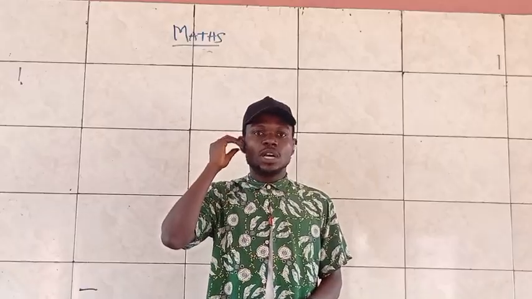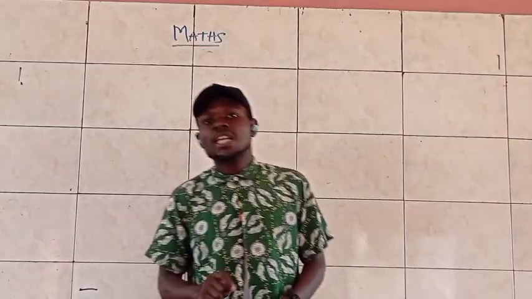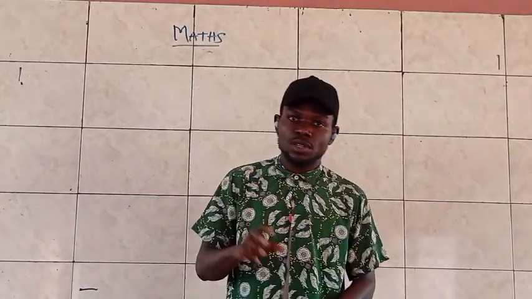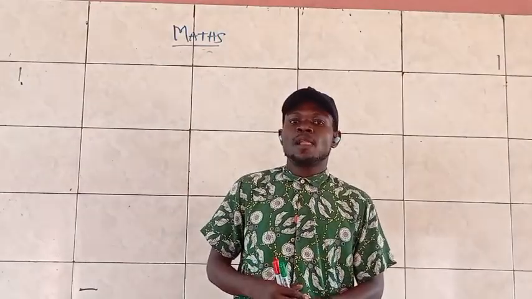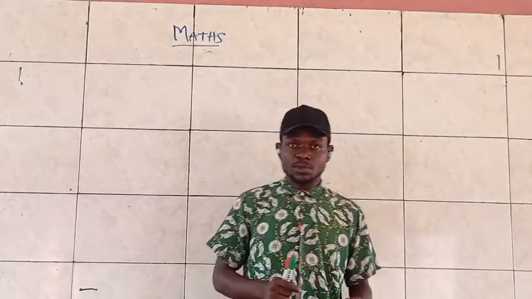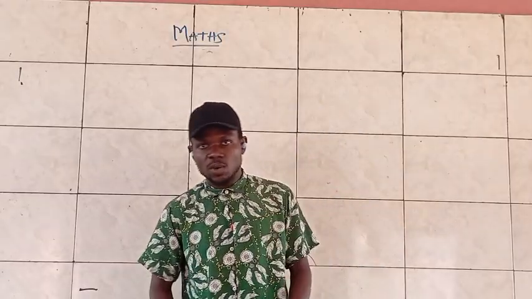In the previous class we spoke about arithmetic series, but in this class we're going to be looking at geometric series. In simple definition, a geometric series can be defined as the sum of the terms of a geometric sequence.